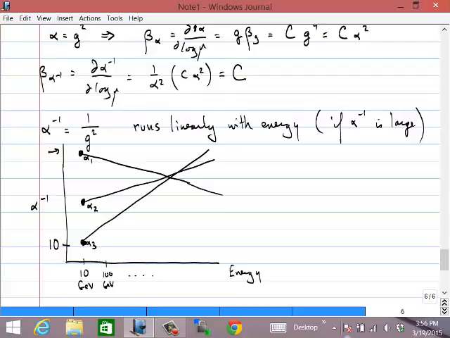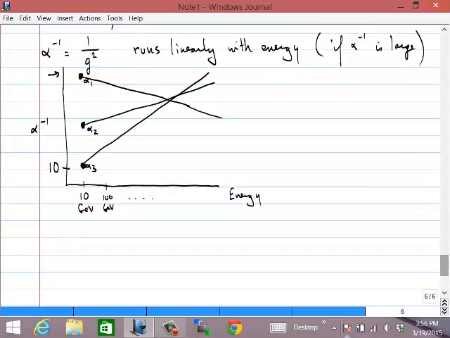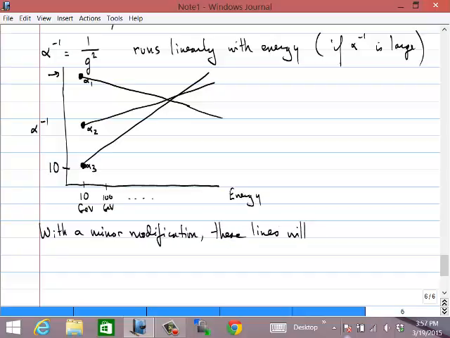So you can see that a miracle has almost occurred here. Two lines intersecting surprises nobody. Three lines intersecting, well, okay, now you're talking. So it turns out that with a minor modification of our theory, these lines will intersect.